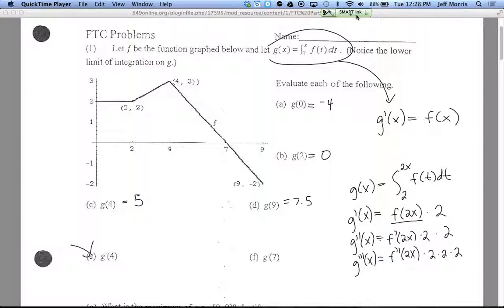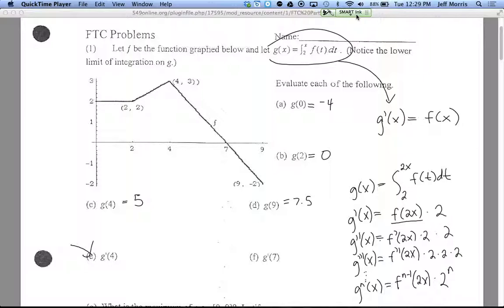If I kept going out, the nth derivative of g would be what? F to the n minus 1 prime of 2x times 2 to the n. Yeah, 2 to the n.